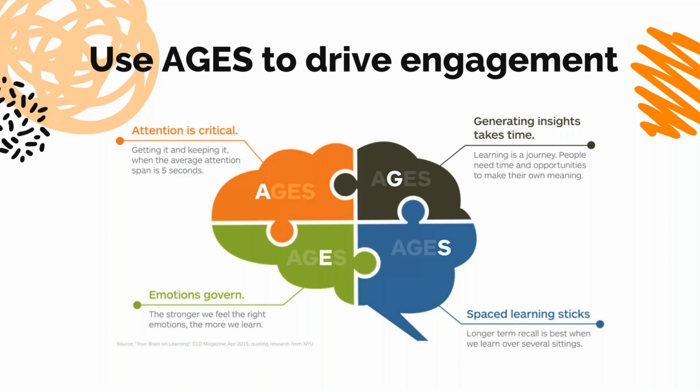It might have links to a course they've completed or to job aids that support them now that they've finished their learning, or a certain set of learning nuggets. The stronger we feel the right emotions, the more we learn, so we create micro nuggets that have high engagement and high impact.